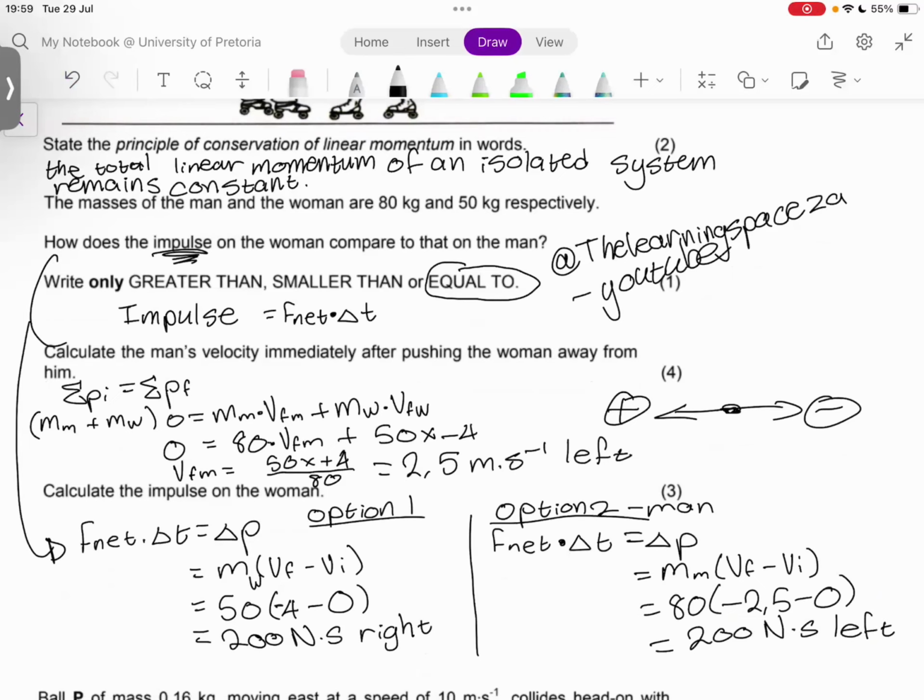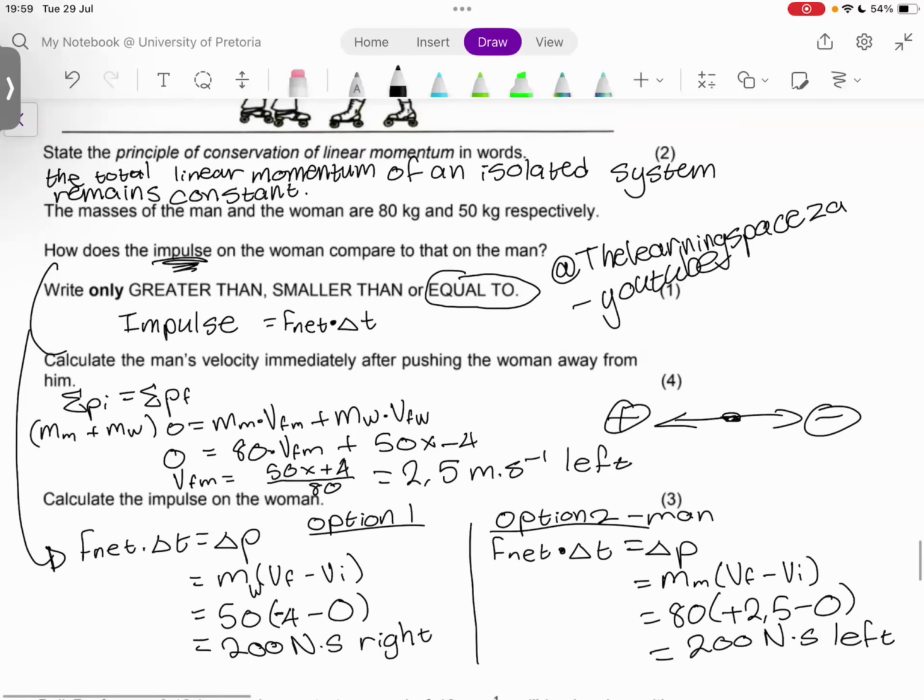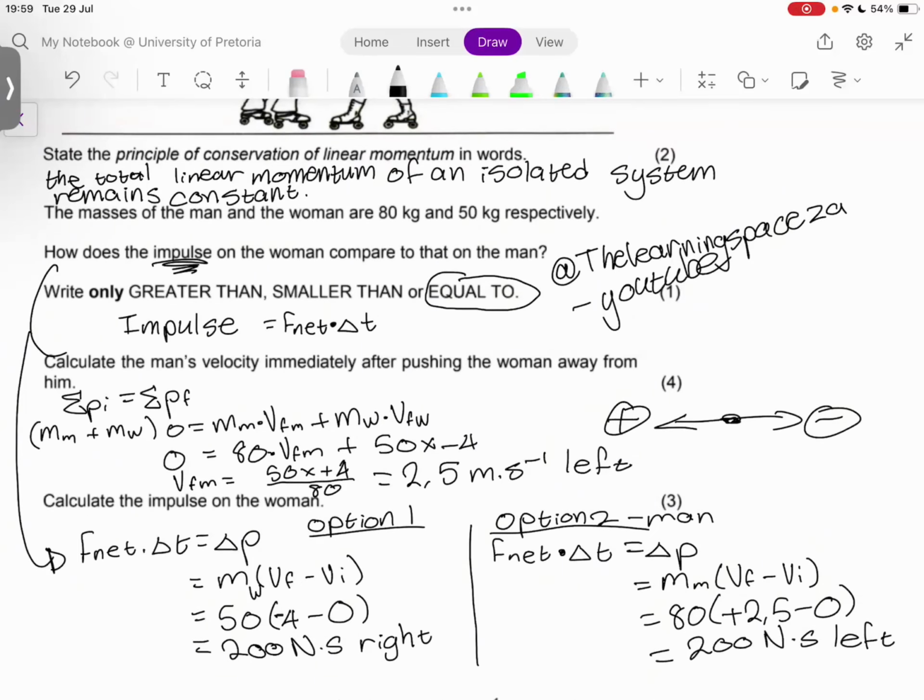So for this one, I'm still keeping the convention. I have to consider the F net, right? If the man is exerting a force on the woman, she experiences a force to the right, which is negative. That's why I'm putting a negative over there.